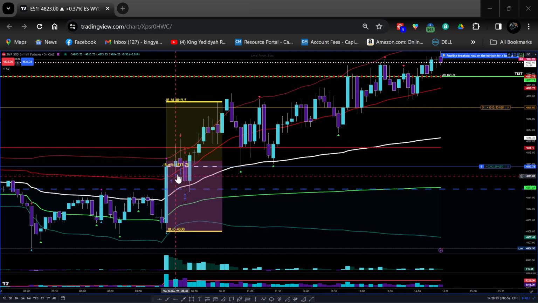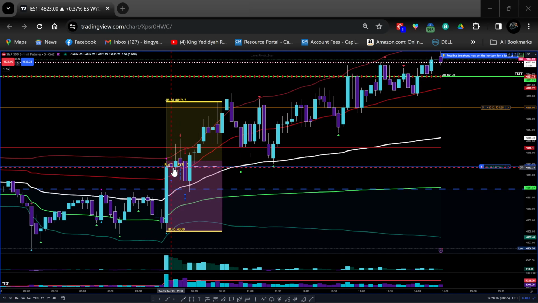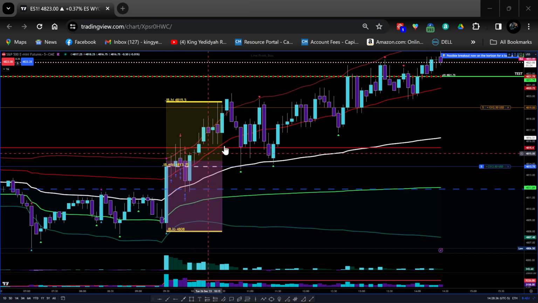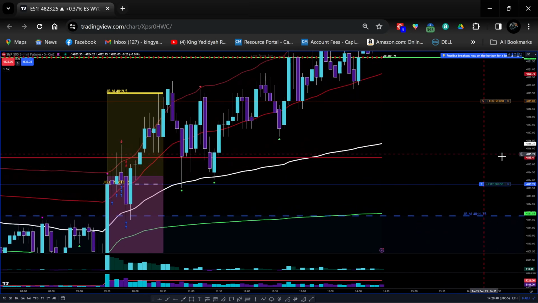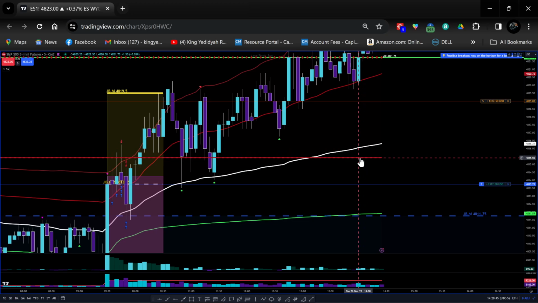So in my previous video, the trade setup video, I was talking about Camarilla R3 breakout, which is this level right here at 4815.40. I noticed that some of these indicators now are breaking it down in increments of 10 instead of increments of 25, like 25 to 50 to 75.